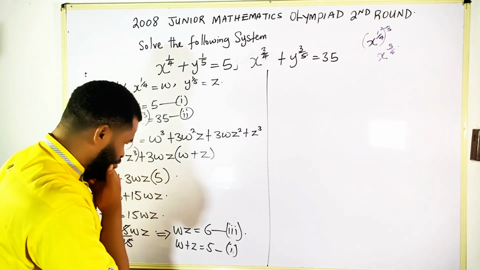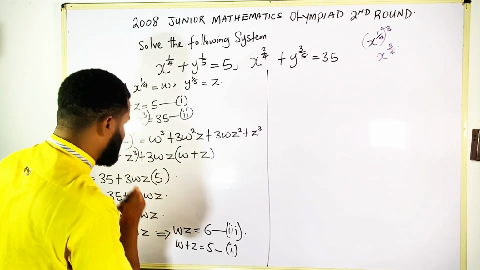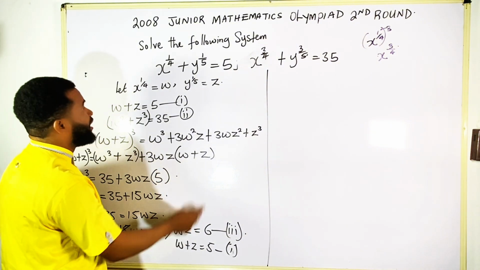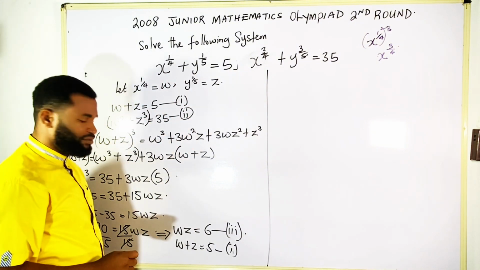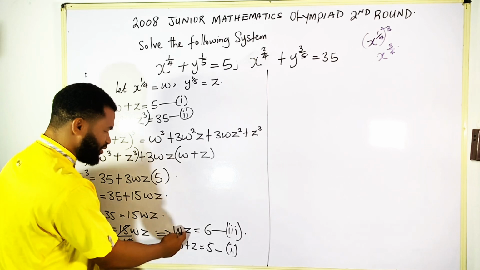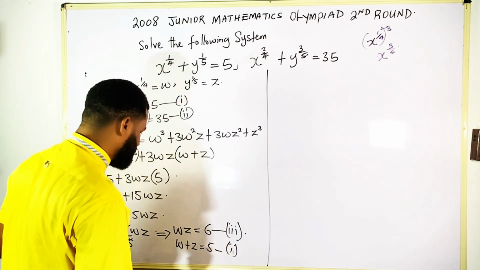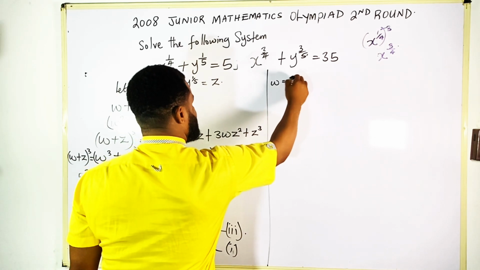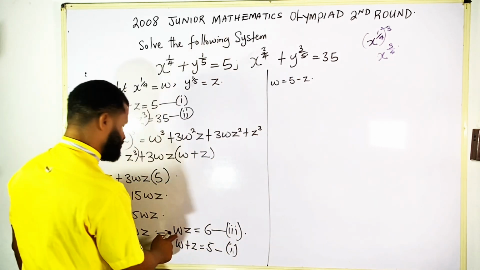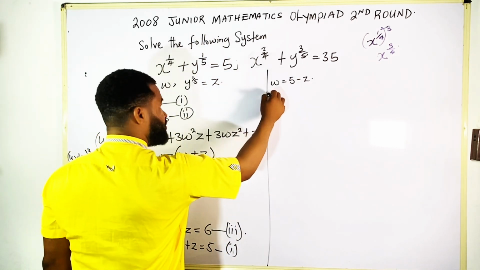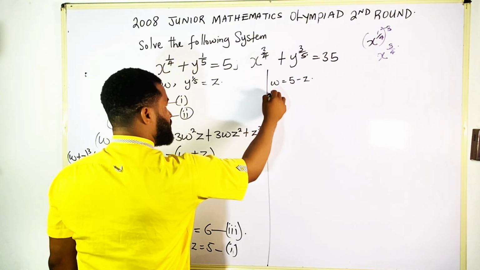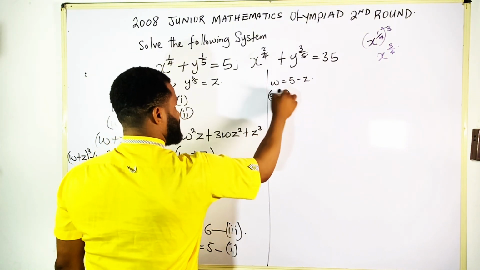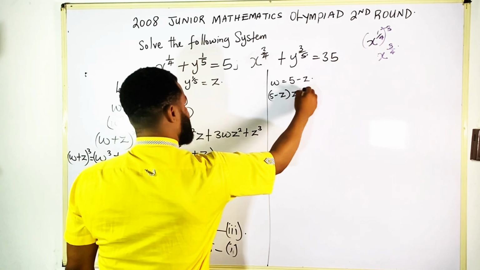Now, if that is true, remember, I am not looking for w and z. I am looking for x and y. So let's go ahead and find w and z. Let's solve simultaneously. w is going to be 5 minus z. So 5 minus z multiplied by z equal to 6.